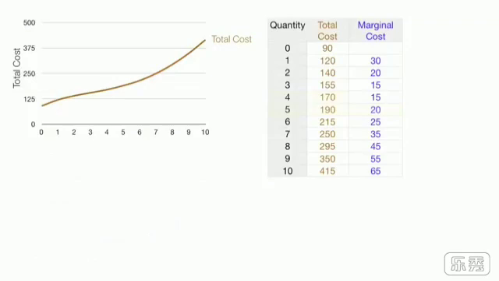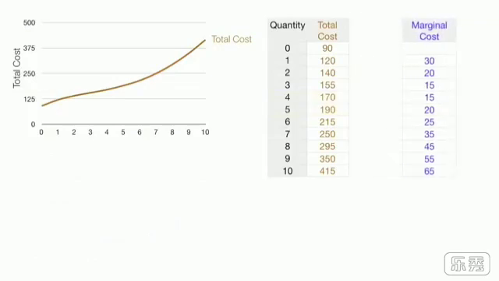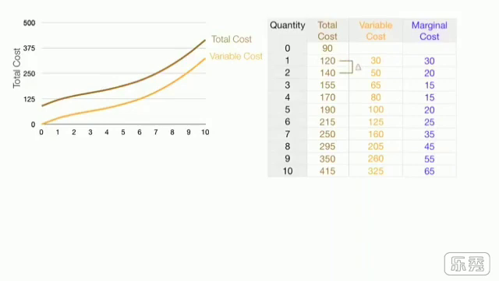I'm going to put the variable cost column back in, show you something a little crazy. Economists gone wild. No, not really, but anyway. If you look at the change in total cost and the change in variable cost, it's always the same. In the earlier video, I showed you where the slopes of the total cost and variable cost curves are the same.